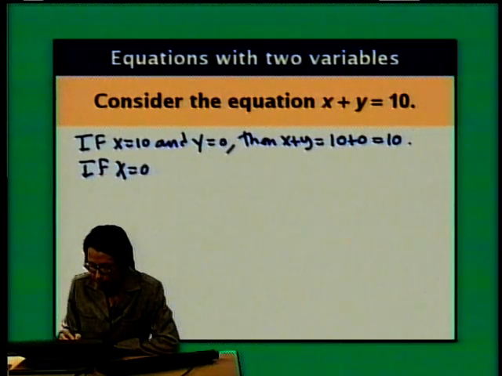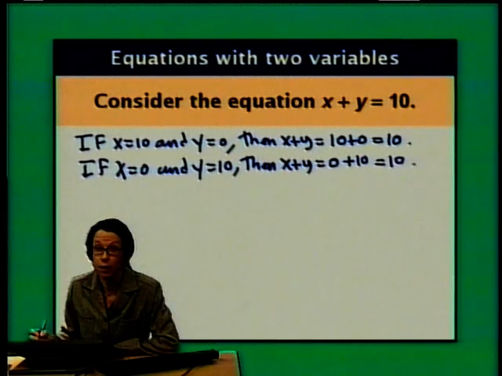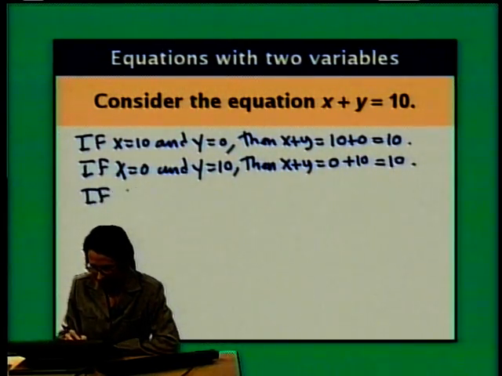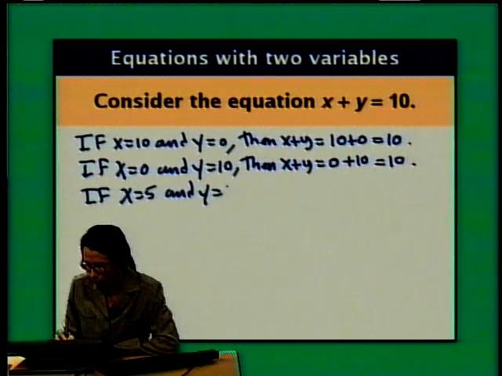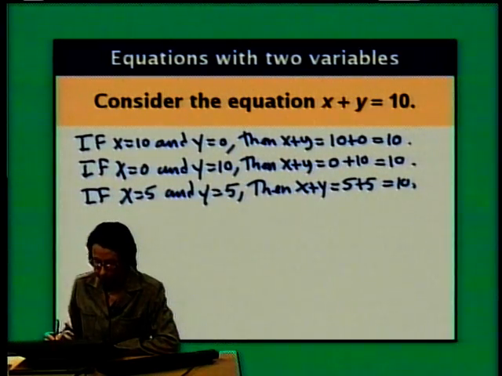If x equals 0 and y equals 10, then the sum of x plus y is 0 plus 10, which equals 10. Let's find just a couple more. If x equals 5 and y equals 5, then x plus y equals 5 plus 5, which equals 10. One more.